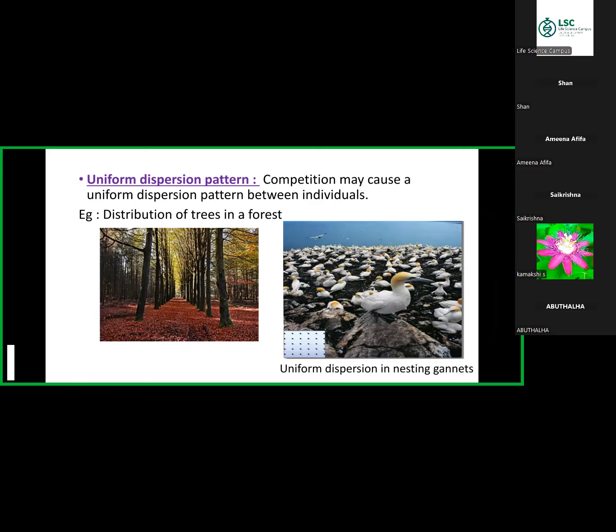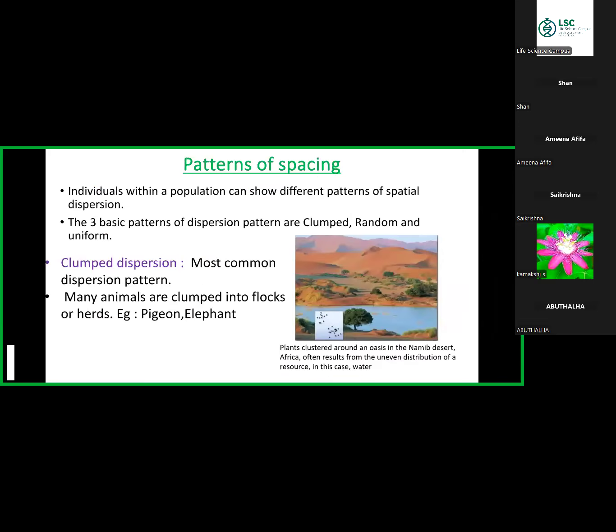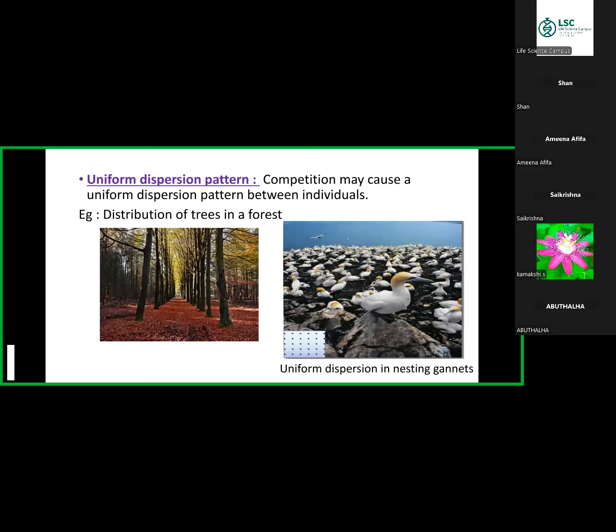As a result of this dispersion, it will look like a uniform dispersion pattern. Examples are distribution of trees in a forest and uniform dispersion in nesting gannets. So in the case of clumped dispersion, it arises as a result of scarcity of resources. In the case of uniform dispersion pattern, it is exhibited when there is a competition between the organisms.